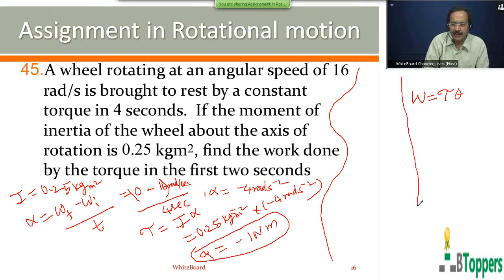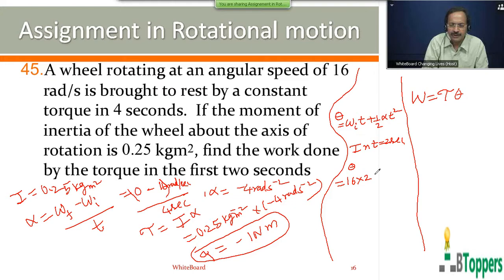So when a body rotates with a constant angular acceleration alpha, angular displacement covered in time t is given by omega i into t plus half alpha t square. So here the initial angular velocity is 16 radian per second. You have to find the angular displacement in the first 2 seconds. So take t equal to 2 seconds.